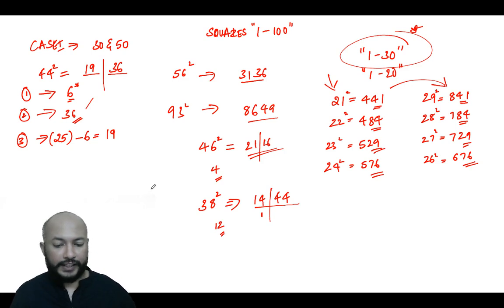Now let's move on to the second case. Second case is numbers between 50 and 80. Procedure is very similar. Let's see small changes.